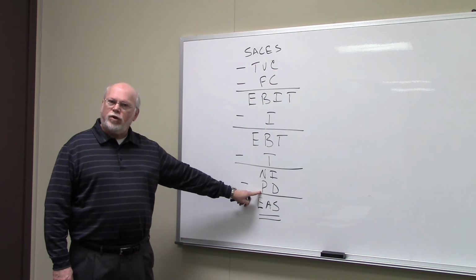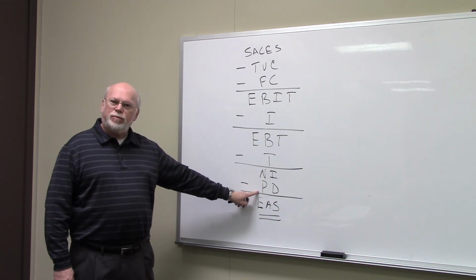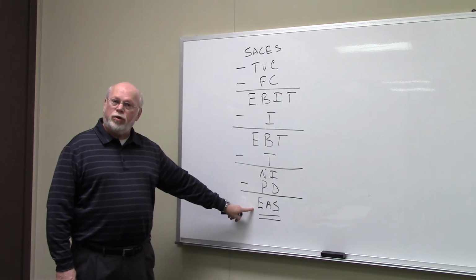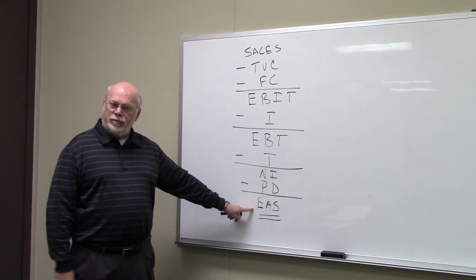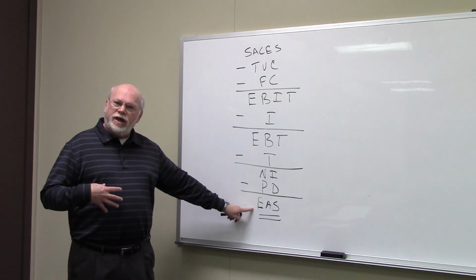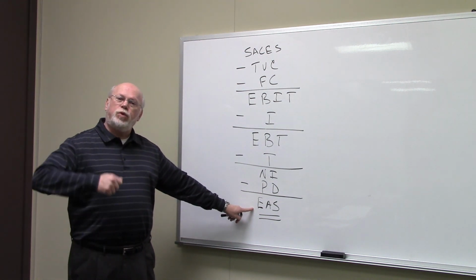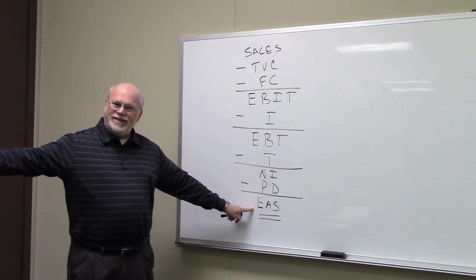That's called preferred dividends, PD. Net income minus your preferred dividends now, that's the earnings available to the shareholder. Technically, the earnings available to the common shareholder. We're the owners of the company, that's our money. We determine how much we pay out in dividends to ourselves or how much we retain in the firm.